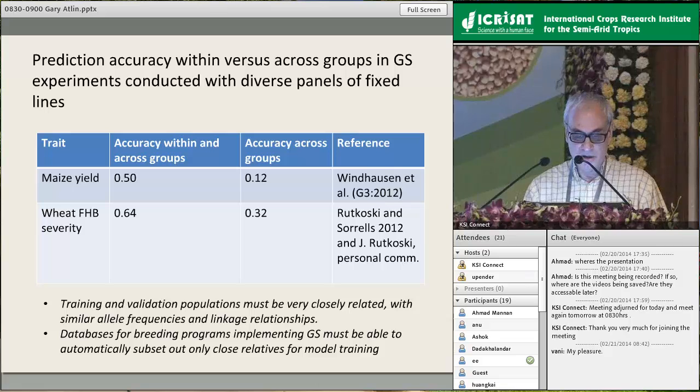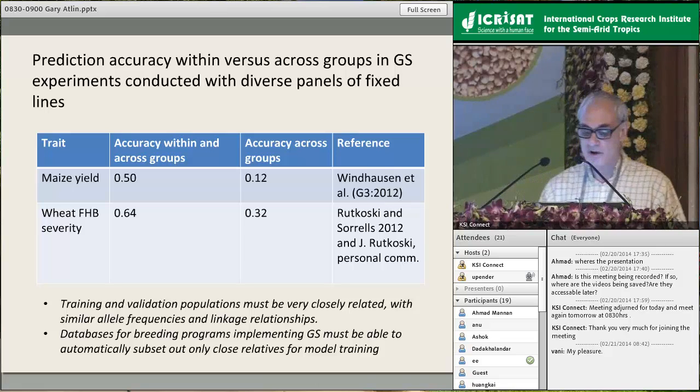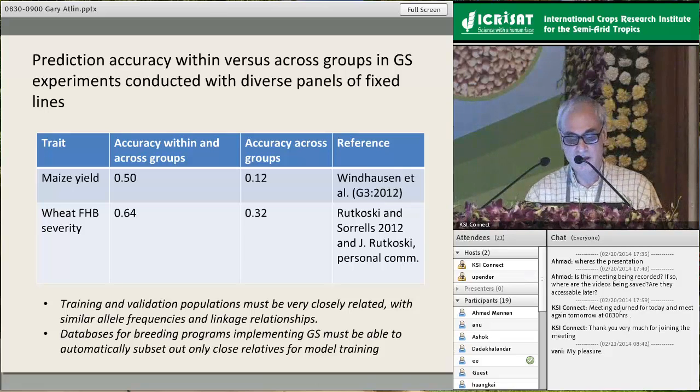And if this isn't taken into account in the cross-validation experiment, you can get a very high prediction accuracy that doesn't hold up when you try to do validation across groups. The take-home message is that training and validation populations have to be very closely related with similar allele frequencies and linkage relationships, and we'll, I believe, hear more about that from Aaron.